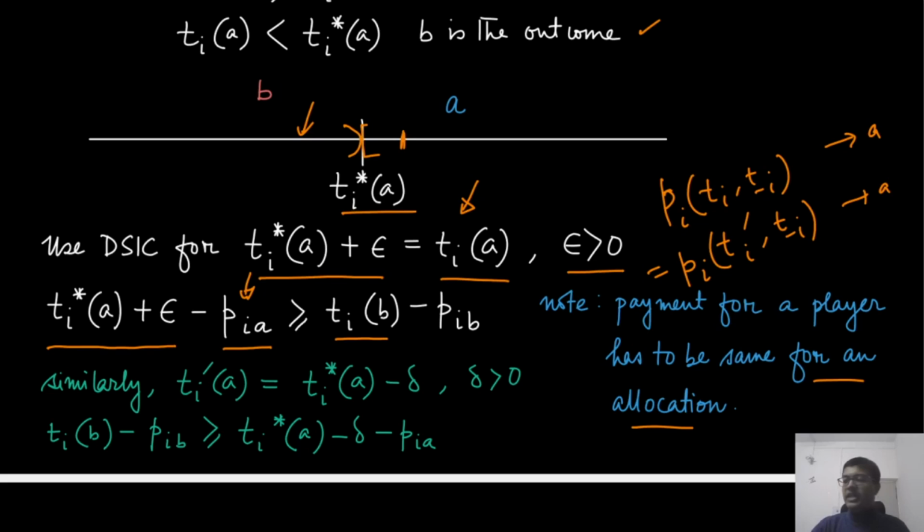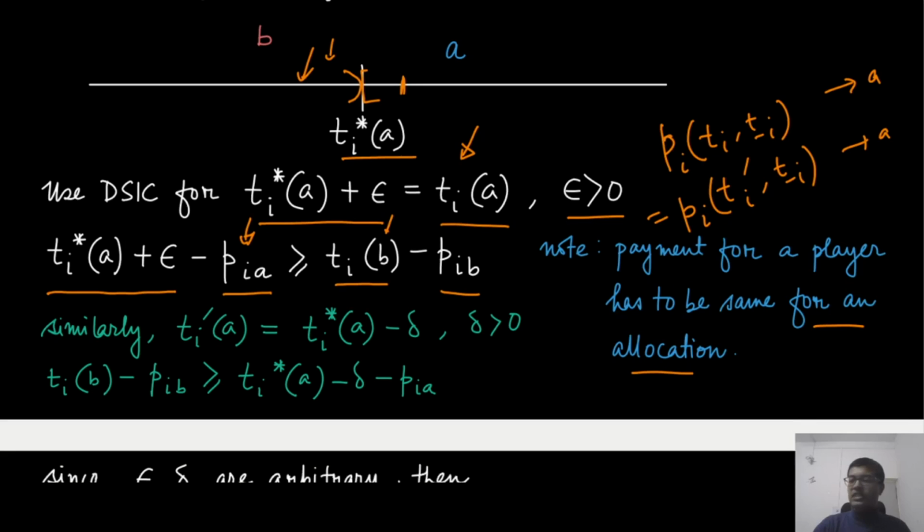The only way he can change the outcome is by reporting something smaller than TI star of A. In that case, if the outcome changes, then he gets a different valuation, the revised value and the revised payment. But because this mechanism is DSIC, this must not be larger than the valuation before.